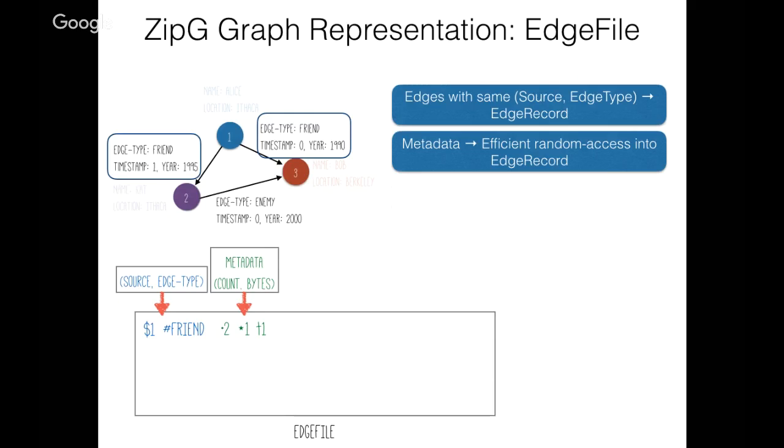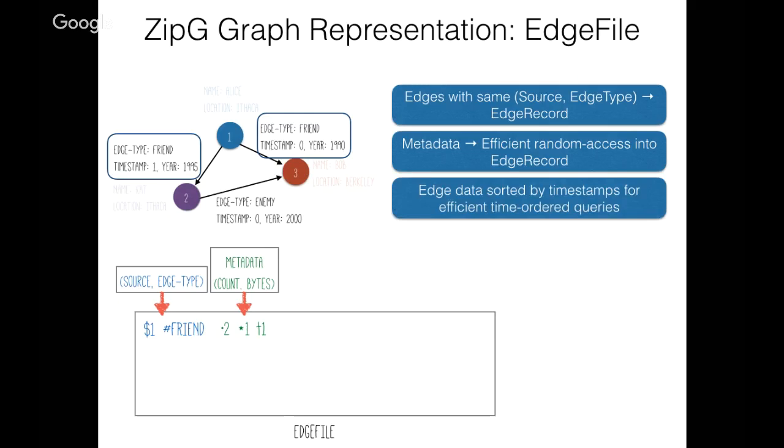So in this particular case, we are encoding the count of the number of edges encoded in the edge record, as well as the number of bytes that we'll use to encode specific attributes of the edges. This metadata is then followed by the data corresponding to each of the edges, and this edge data is sorted by timestamp, since timestamp forms the sort key for all the edge data in our representation.